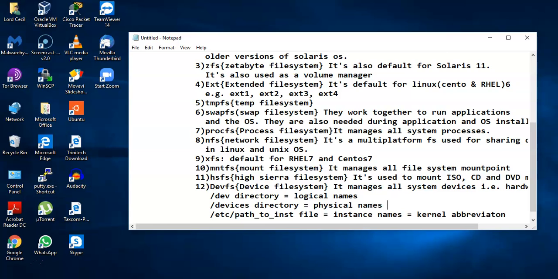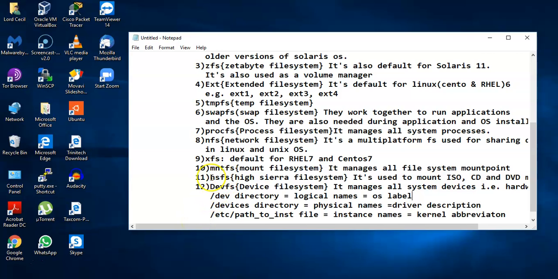And then the physical name is the driver description. And this one is OS level. So that's like a summary of what I just explained. So again, I'm going to take that again if you didn't get it.